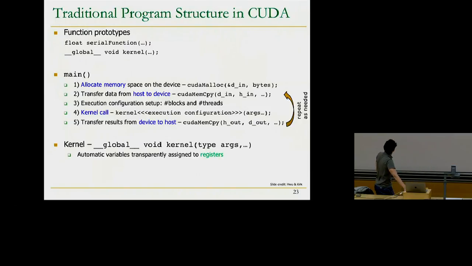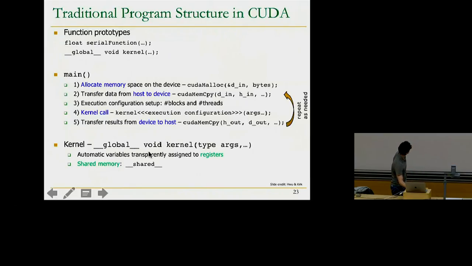Just to recall the global void kernel in this case. We have seen in the previous slide the memory hierarchy, right? We have registers, shared memory, and global memory. D in and D out are allocated in global memory. But then we can allocate something within the kernel function.